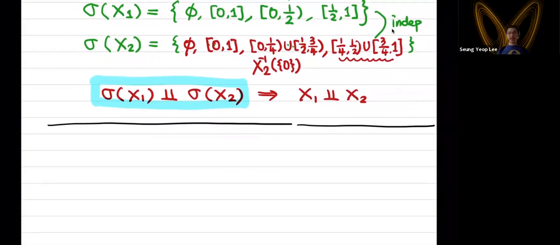So first, I will ask something from analysis. Let's consider a sequence x1, x2. Those are numbers, not random variables. So consider infinitely many terms in a sequence, and let's say this sequence converges to a certain number.